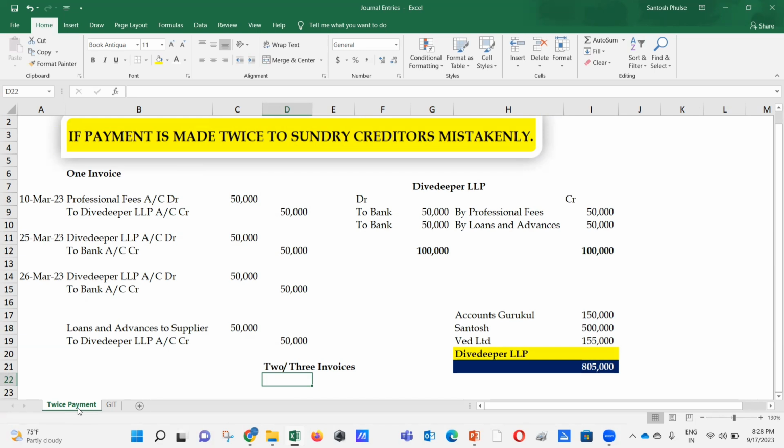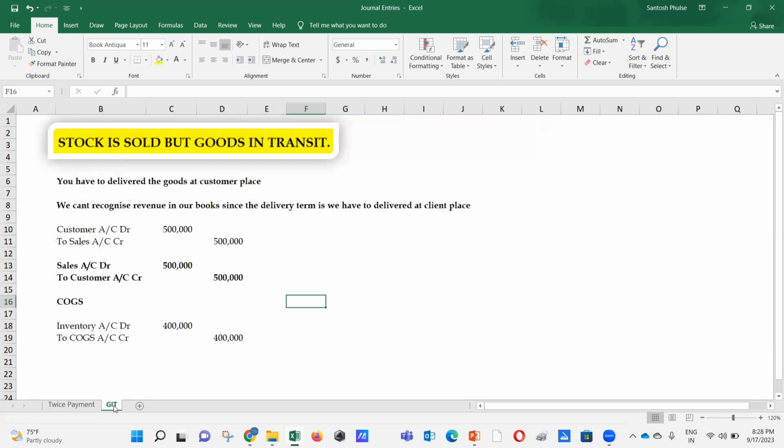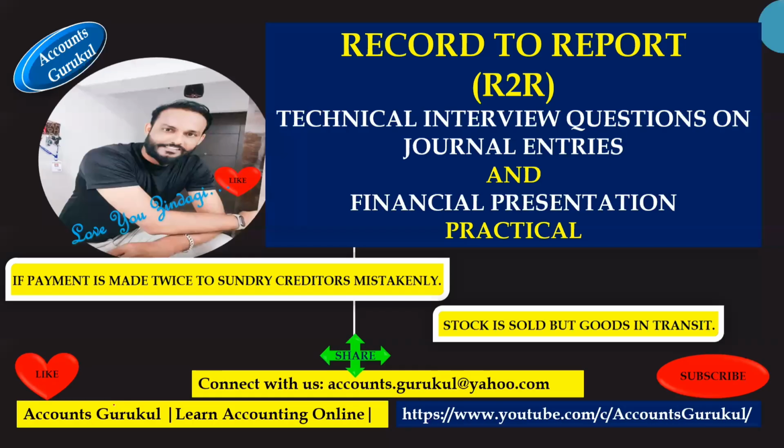Here we discussed the scenario of payment made twice to sundry creditors mistakenly, and stock sold but goods in transit from the seller's standpoint. So that's all we covered here.